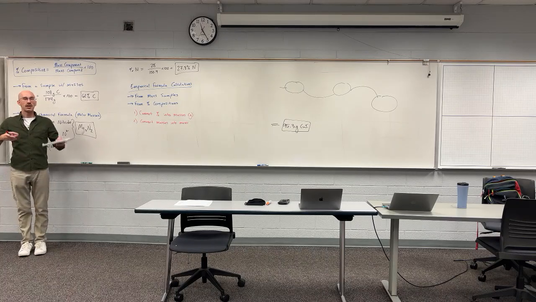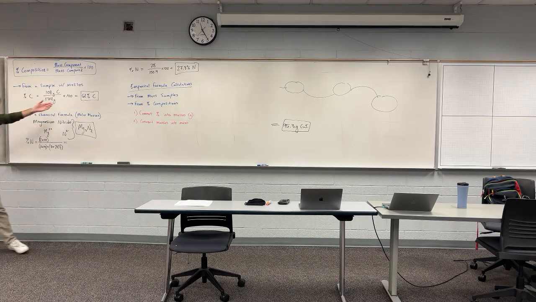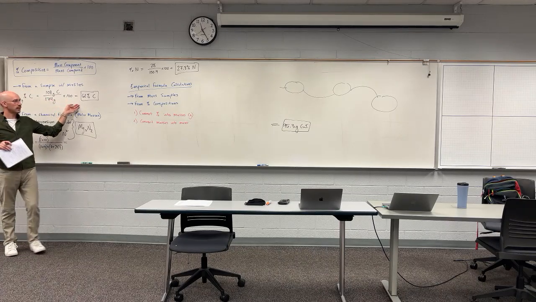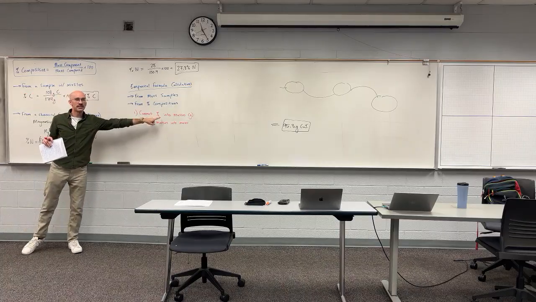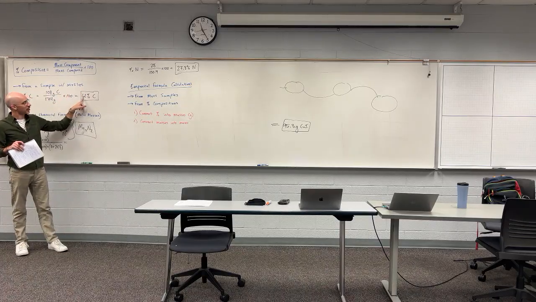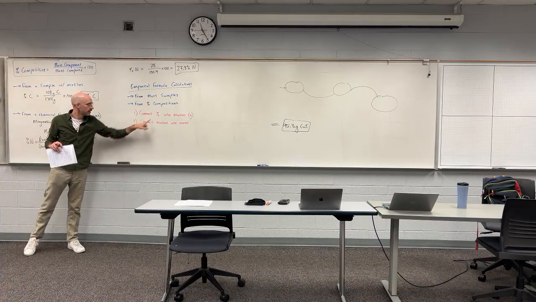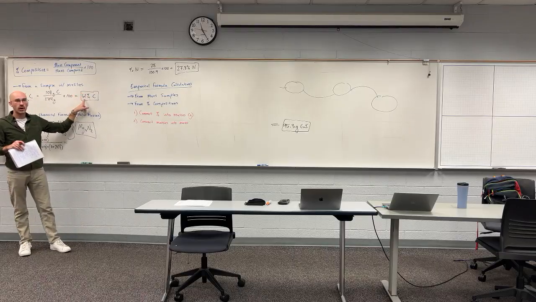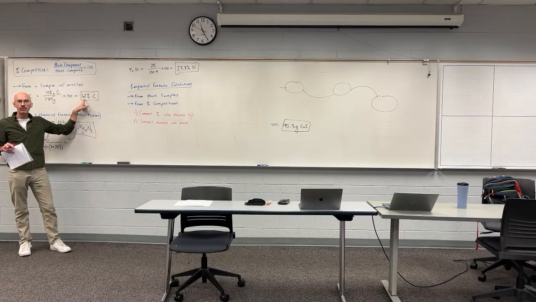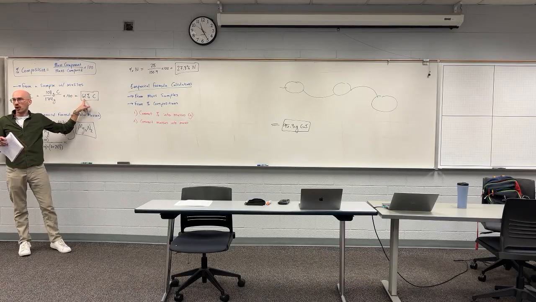If I have 62% carbon, then I will imagine that this is 62 grams of carbon. If I have 62 grams of carbon, divide by 12, I get how many moles of carbon I have.